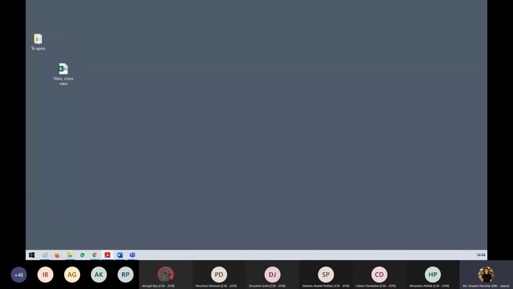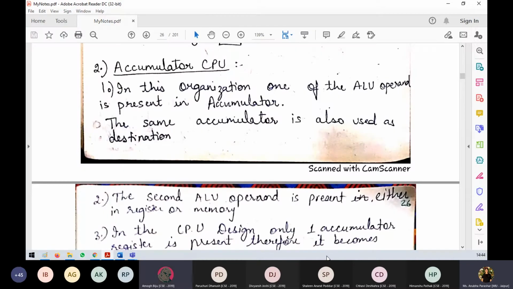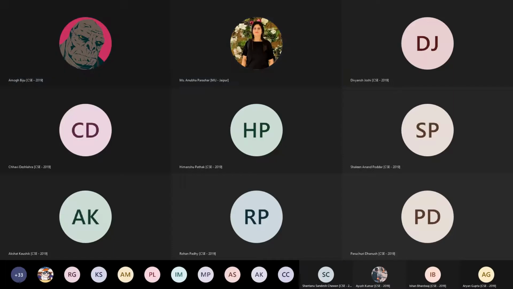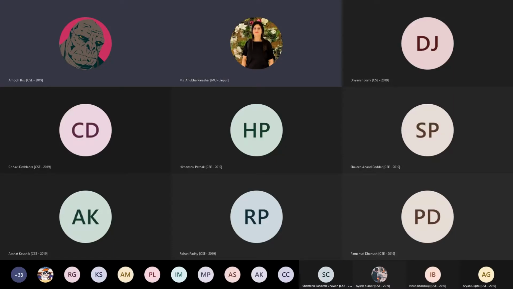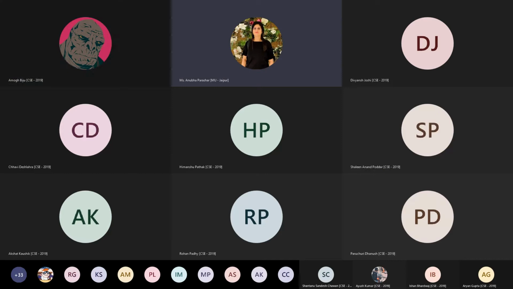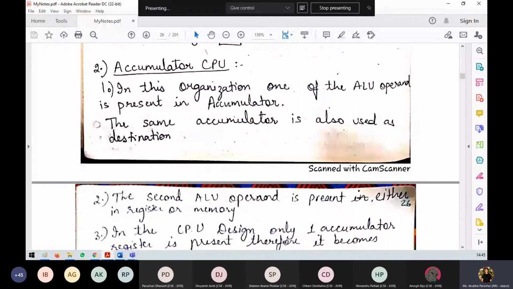In this organization, one of the ALU operands is... We can see your desktop. We can't see your... yeah, we can see. Yes, ma'am. Now we can see it. One second, let me share again then. I'm sharing screen 2. Can you see now?